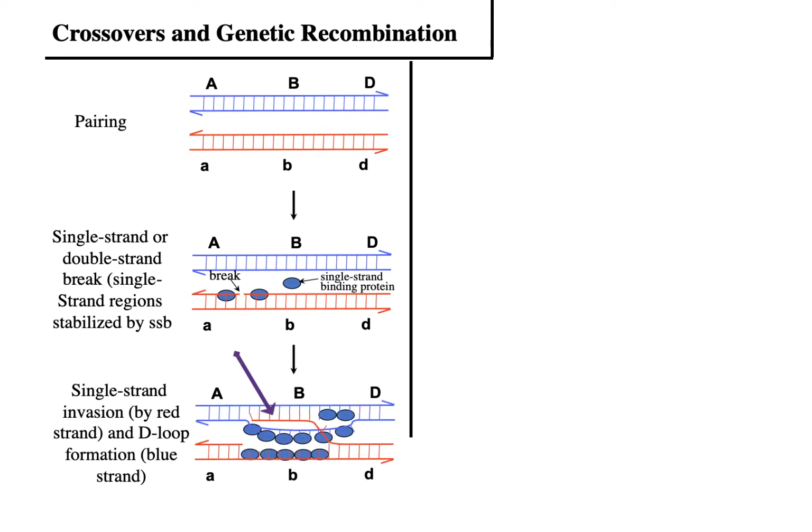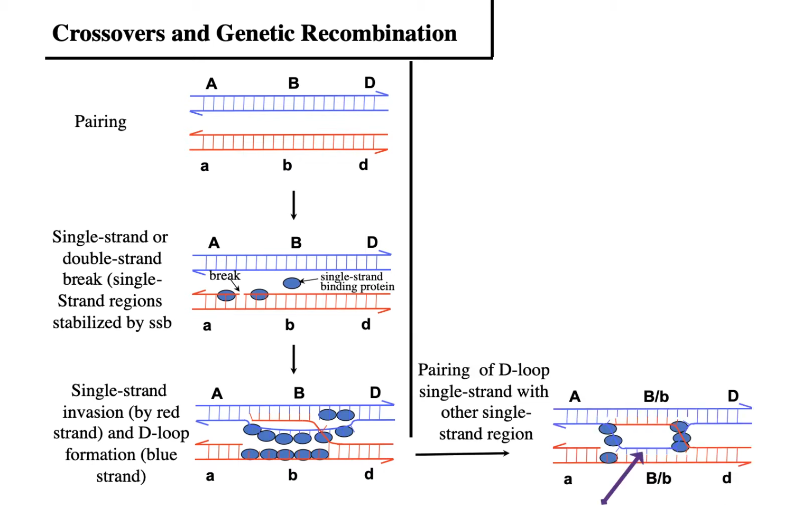This is followed by single-strand invasion by this red strand into the blue strand there. And this displaces one of the strands of the blue chromosome, so that now you have a partial crossover created in this case. And you can see here that the single-stranded regions are stabilized by the single-strand binding proteins.